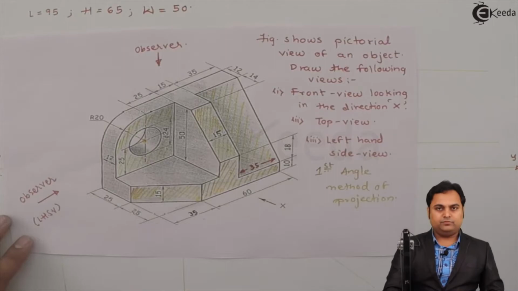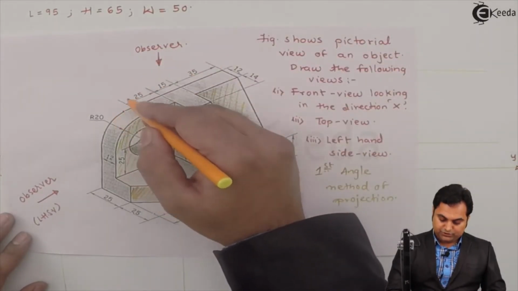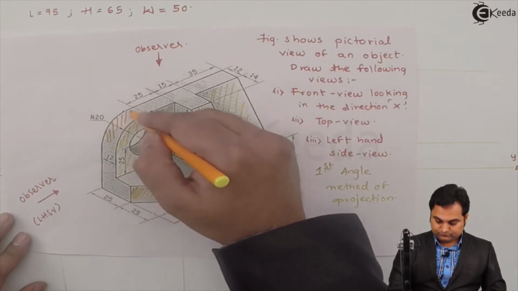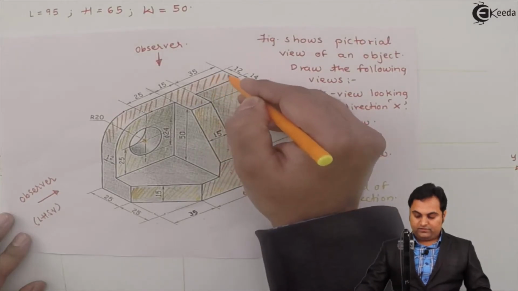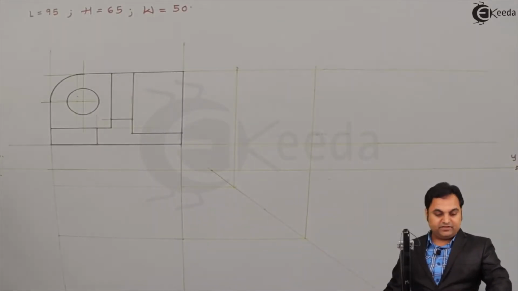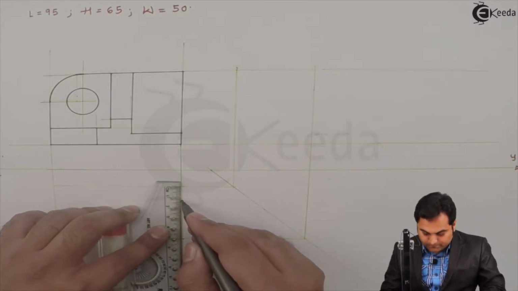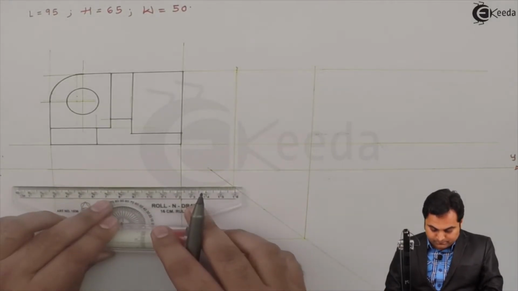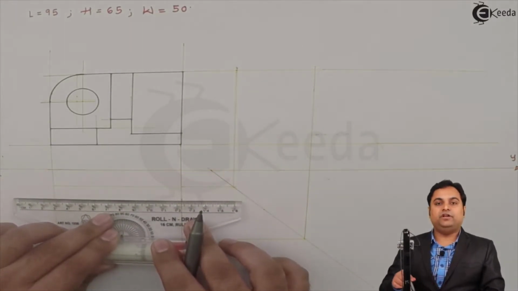So when I'm looking from top, then this entire portion is visible. So I'm drawing this surface. From one side it is having a width of 12 mm. Drawing a light horizontal line through it.